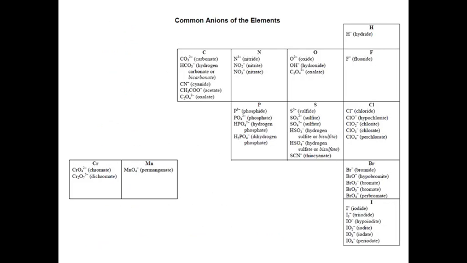Remember I told you to write down here at the bottom NH4 plus, ammonium, because I don't think it's on here. And then I said you write Hg2 2 plus, my least favorite polyatomic ion. That is the mercury 1.